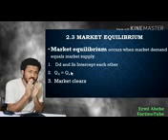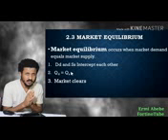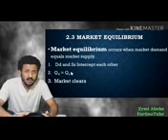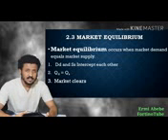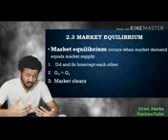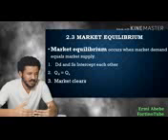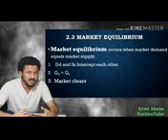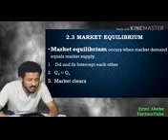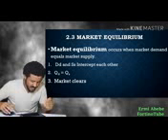So if quantity demanded and quantity supplied are equal, the amount that the buyers want and the amount that the sellers provide are equal. Is it a shortage or a surplus? It is neither a shortage nor a surplus. Demand and supply are equal. Okay, the amount supplied and the amount demanded are equal, so the market clears.